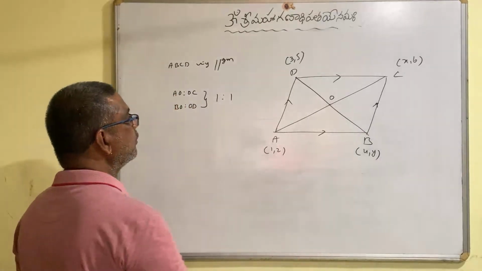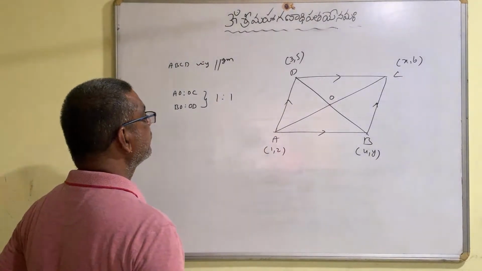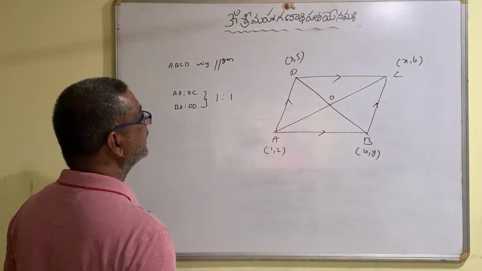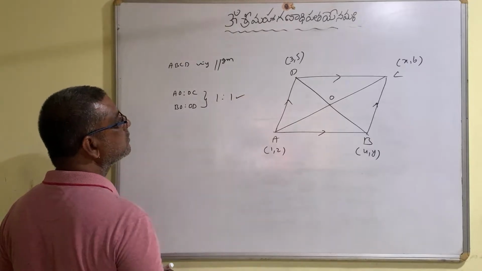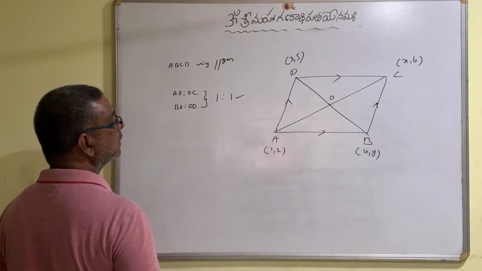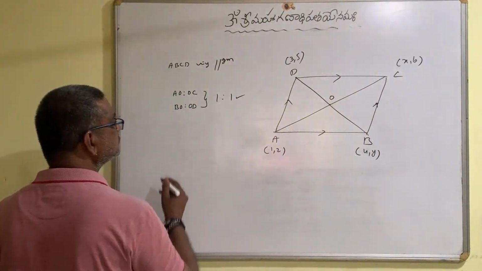Now find out O using A and C. Find out the x value using this ratio.